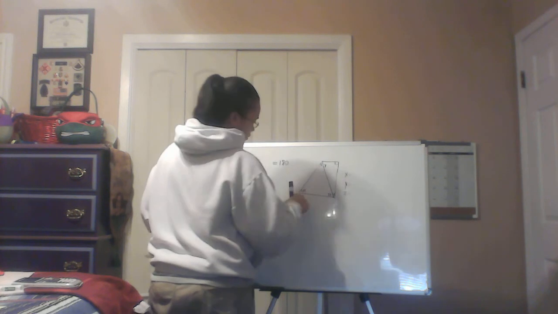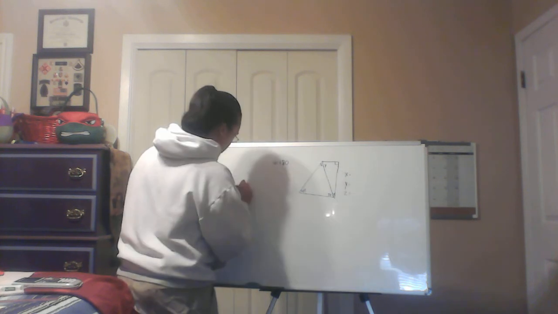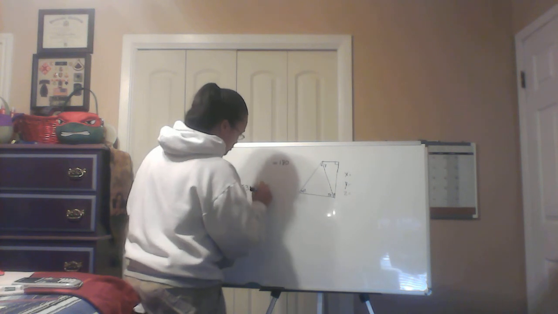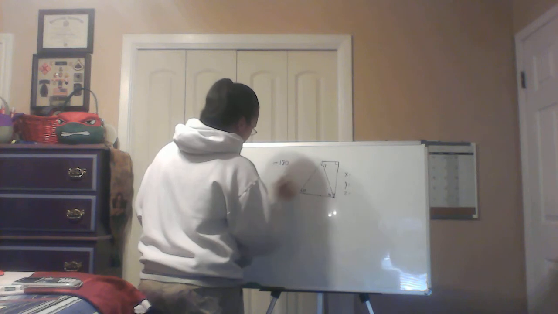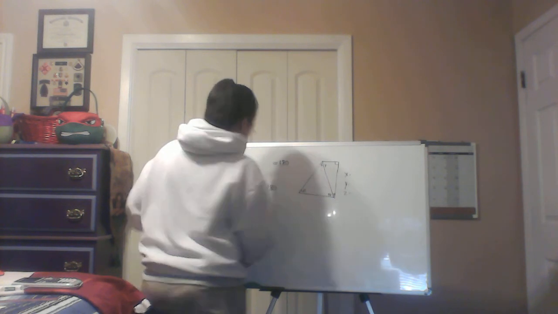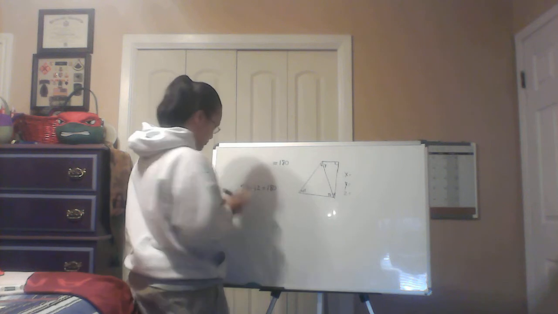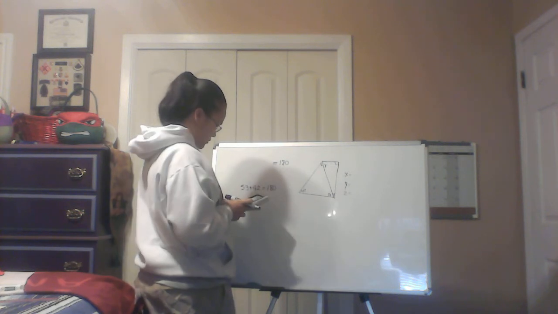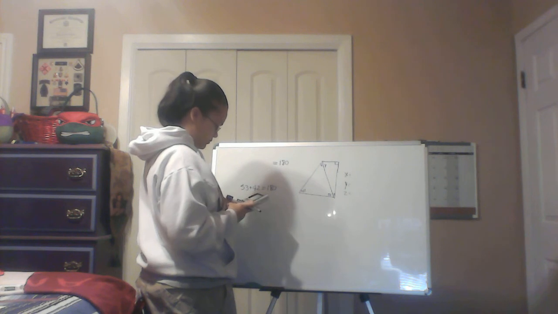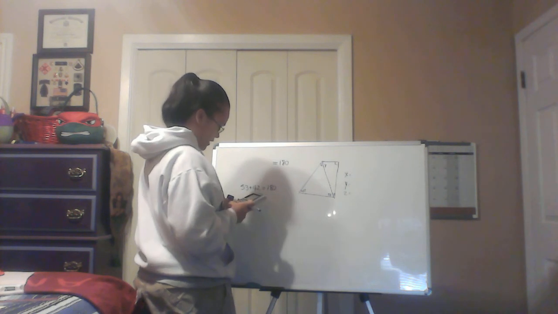Okay, solve those and those. So see what we got. 53 plus 42. Since we don't know that one yet, we're going to have those equal 180. 53 plus 42, that's 95.